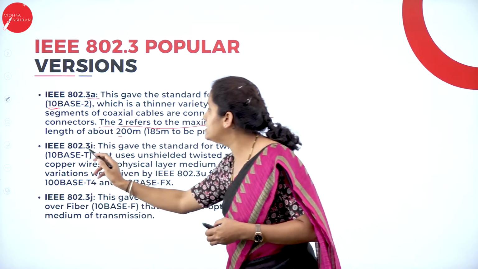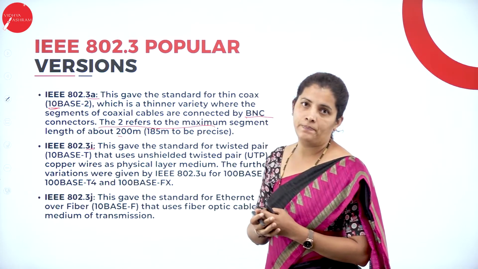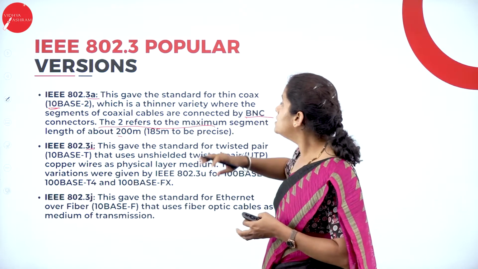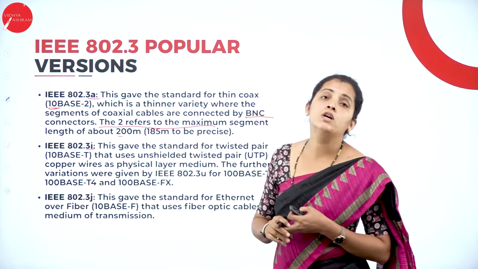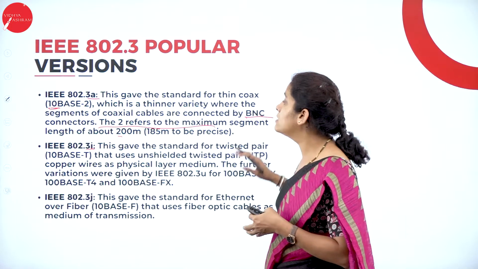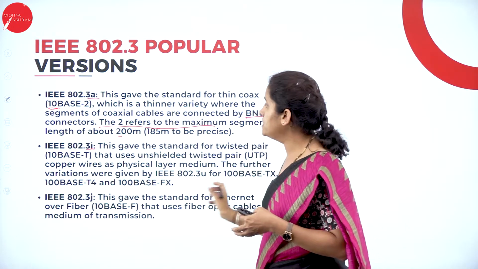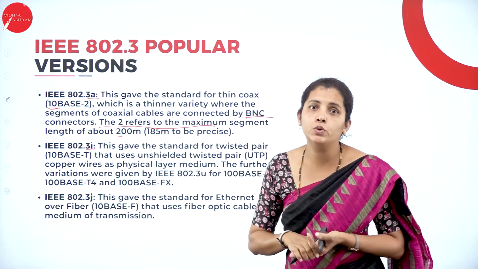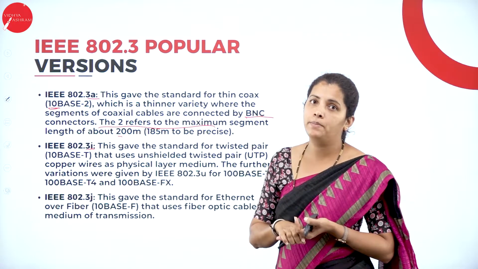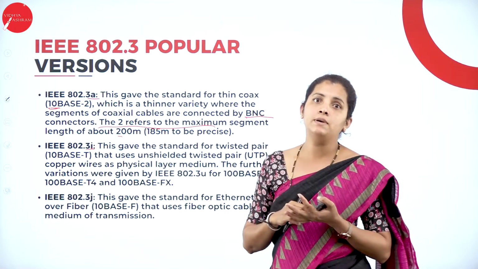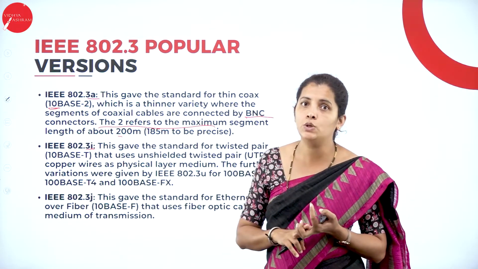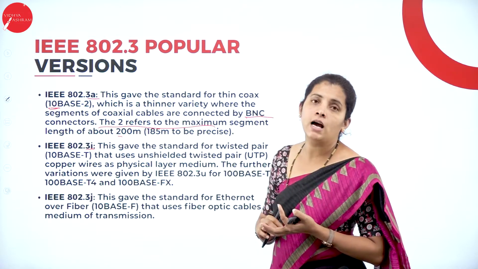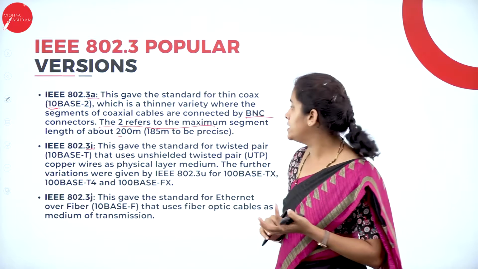Then another version of IEEE 802.3 is 802.3i. I repeat, it is 3i. This is a standard for twisted pair cable. Twisted pair cable is further classified into two types, that is shielded twisted pair and unshielded twisted pair.